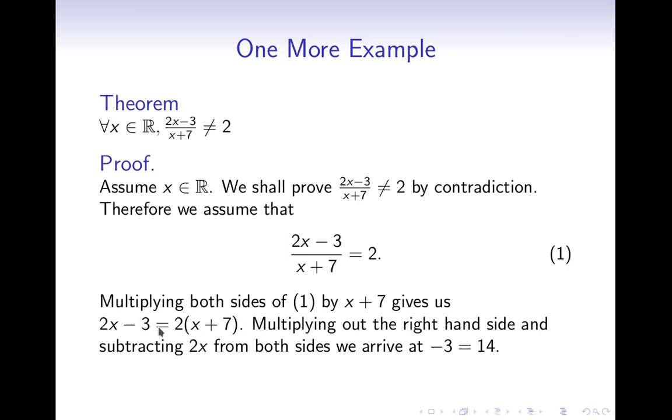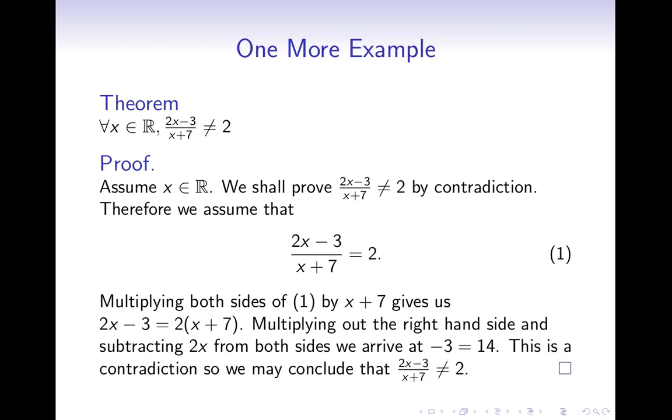So going from this equation to the equation minus 3 equals 14 involves two easy steps. And minus 3 equals 14 is not possible. This is a contradiction. So our conclusion is that 2x minus 3 over x plus 7 is not equal to 2, because we arrived at a contradiction by assuming that it was.